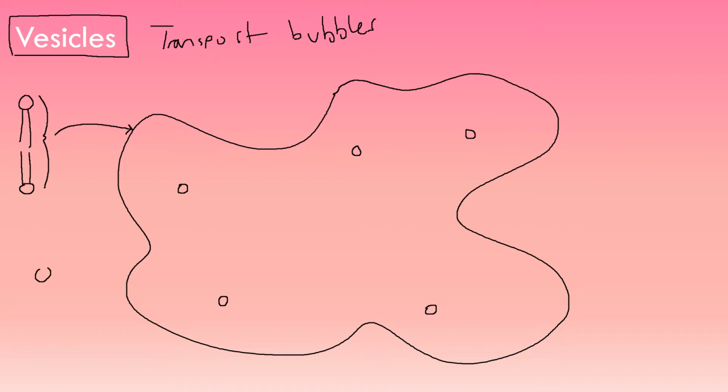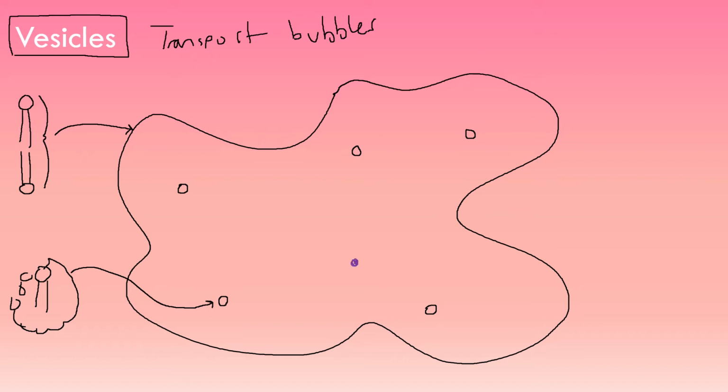And the vesicle is made up of a single layer of phospholipids. So these heads just form a circle all the way around to form a transport bubble. That is what makes up the vesicles. Now, it's really important because anything in a vesicle can get out of the cell. So remember our ribosomes from the last slide.